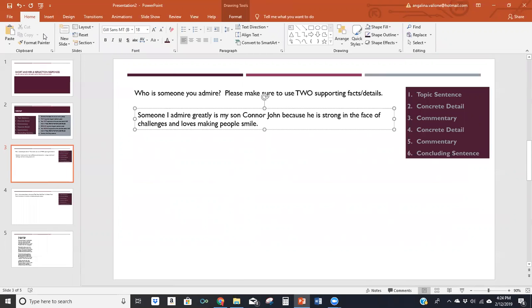That helps me now that I've come up with my answer. I actually have my topics, at least for the concrete detail and both concrete details, and then I have to explain myself for my commentaries. So one thing about my son is Connor is 10, but he has been a type 1 diabetic since he was 2 years old.